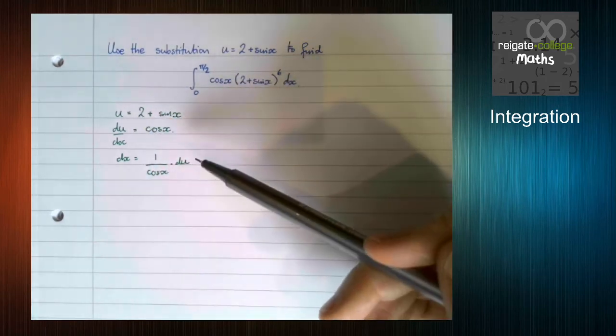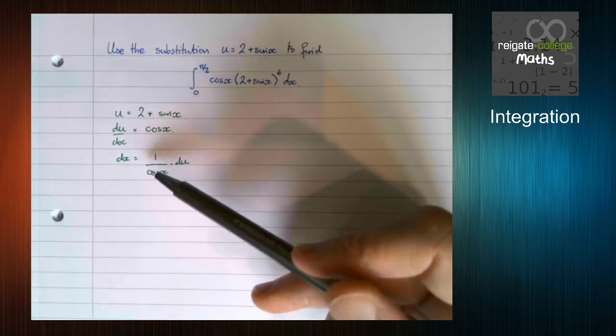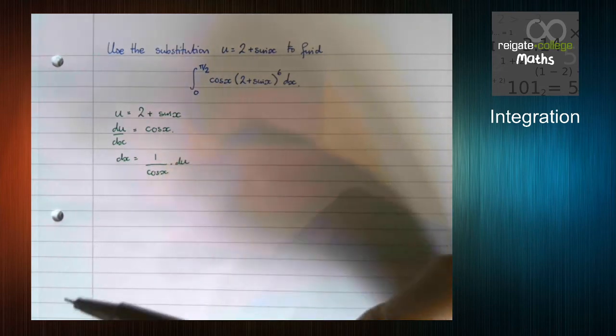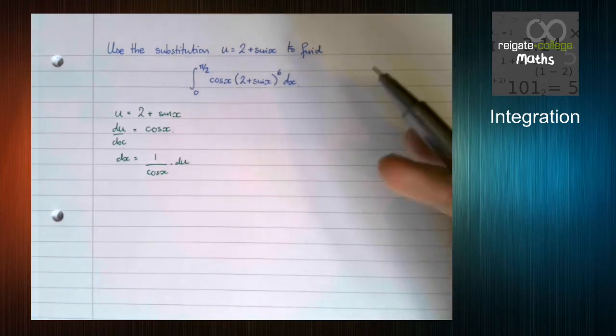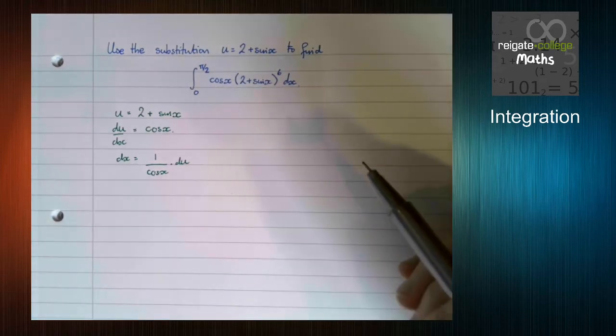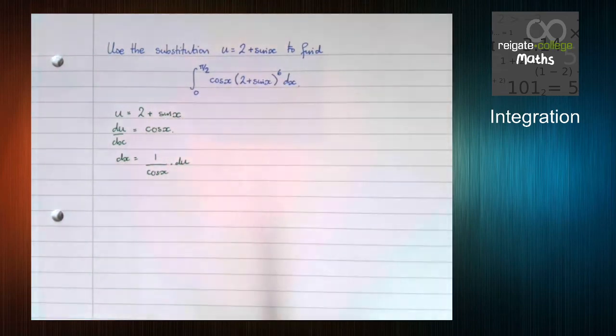And notice again how I've written it as 1 over cos x du, not du over cos x. That's to try and avoid complications or overcomplicating things when substituting. Now we've got all that, let's substitute.